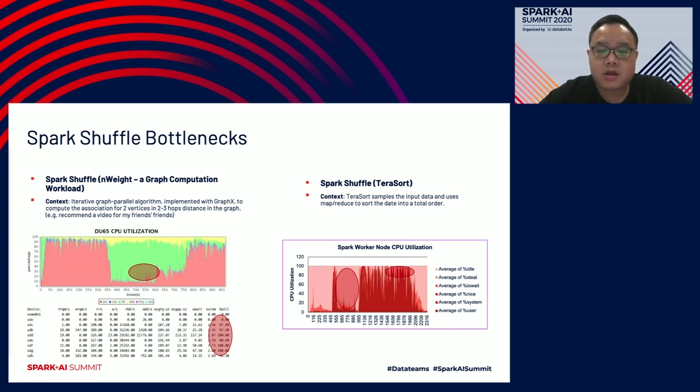The other workload is TeraSort, which is a common workload used by many big data engineers or admins to evaluate the cluster's performance. For TeraSort, we can clearly see that during the I/O phase, the CPU was not used much because the disk I/O was too slow. And during the sort phase, the CPU was almost fully saturated. So we can come to the conclusion that Shuffle is both a CPU and I/O intensive phase that needs to be optimized.